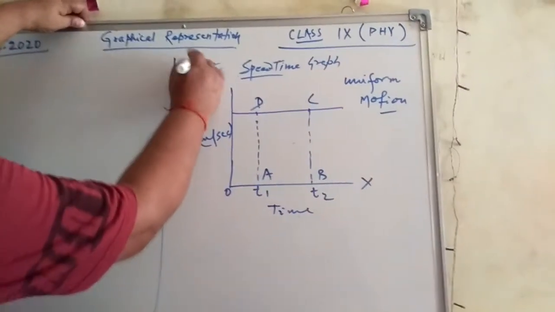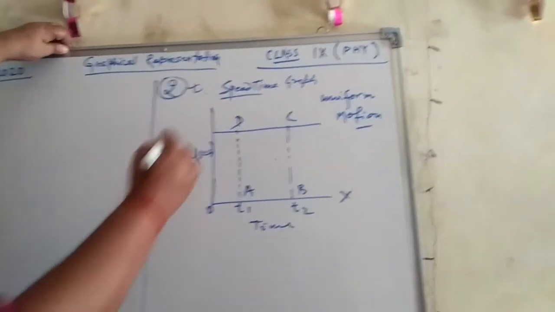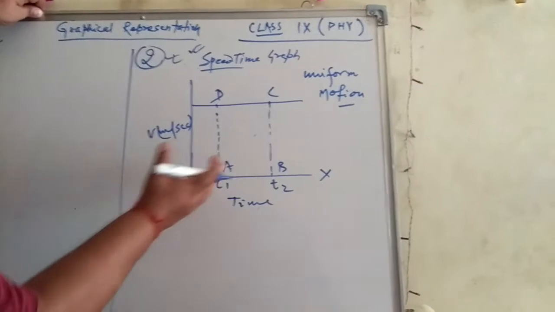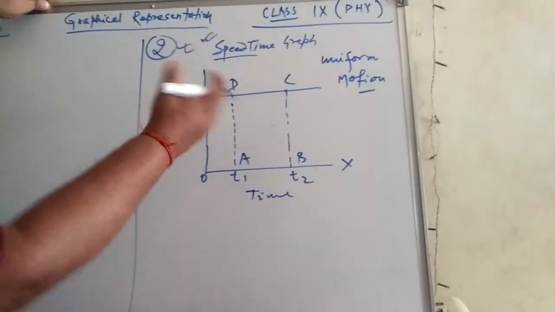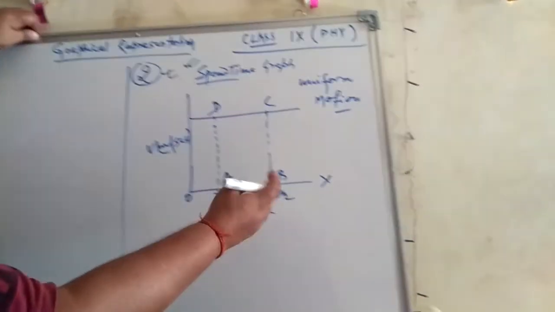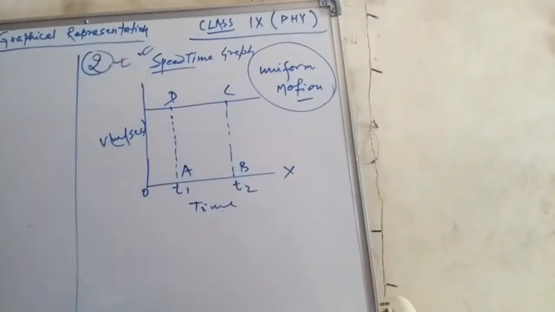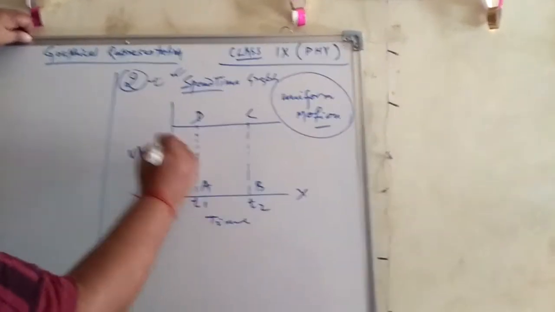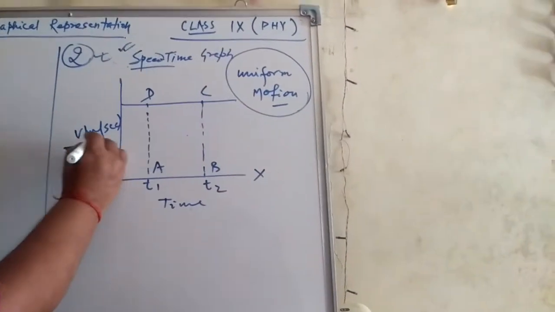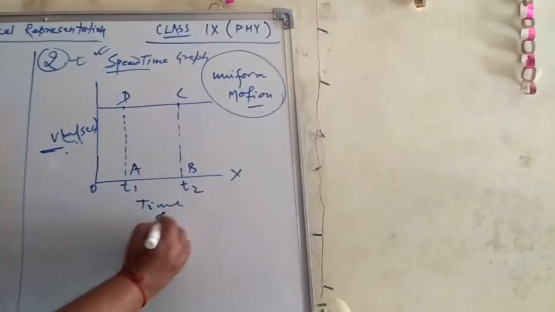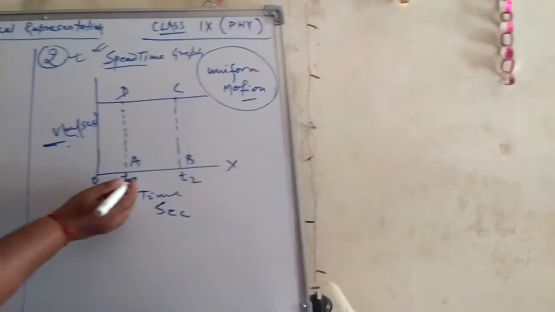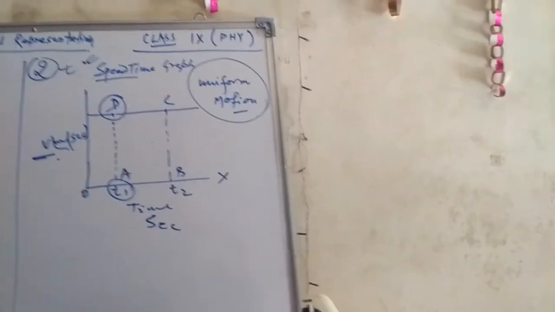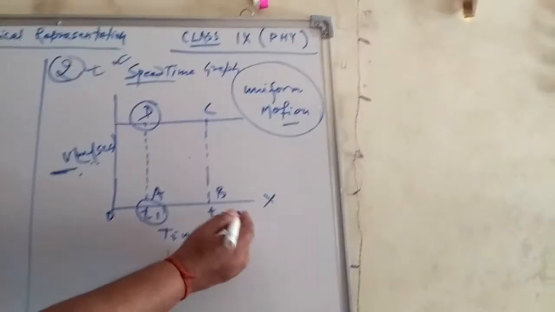Now the second type of graph is the speed-time graph. We already put a graph here, but that graph represents a body that has uniform motion. So you see there is velocity in meters per second, there is time in seconds, and we can represent velocity at time t1 and velocity at time t2.